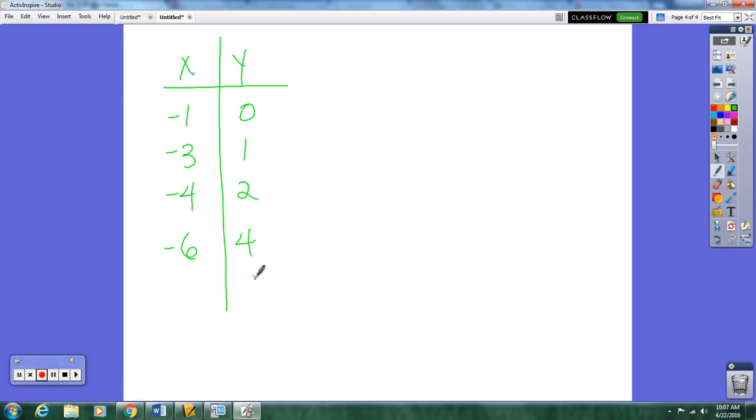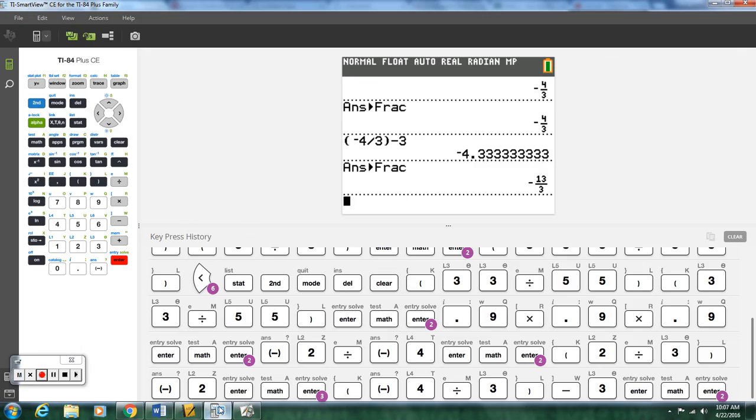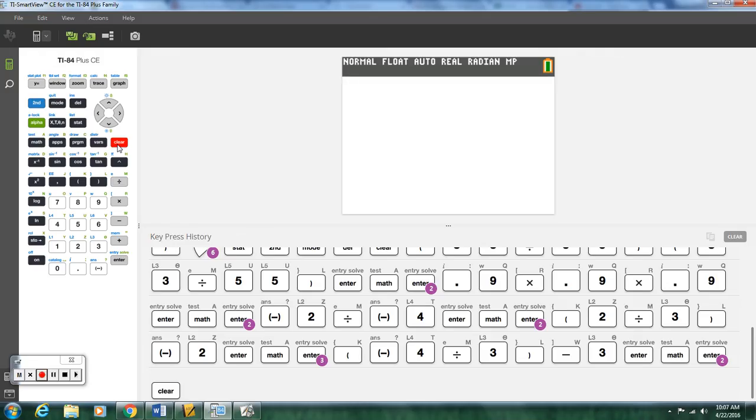Well, we could pick 2 points, so y'all are missing the most important thing. What do you have as a resource that you can use? Your calculator. How do you put those points in there? How did we use our calculator to put those points in there? Where did we go to put those points in there?